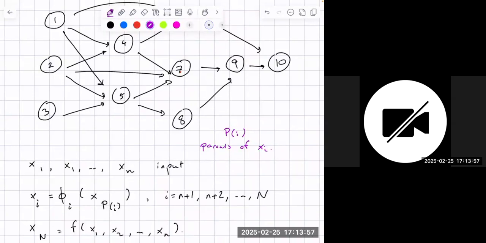And the thing at the very end is the output of your computation graph. You start from the beginning, input, whatever you see here, and what spits out from this neuron is going to be the output. Okay. So X capital N in this language is the function represented by your computation graph evaluated on input variables. So far, does stuff make sense?